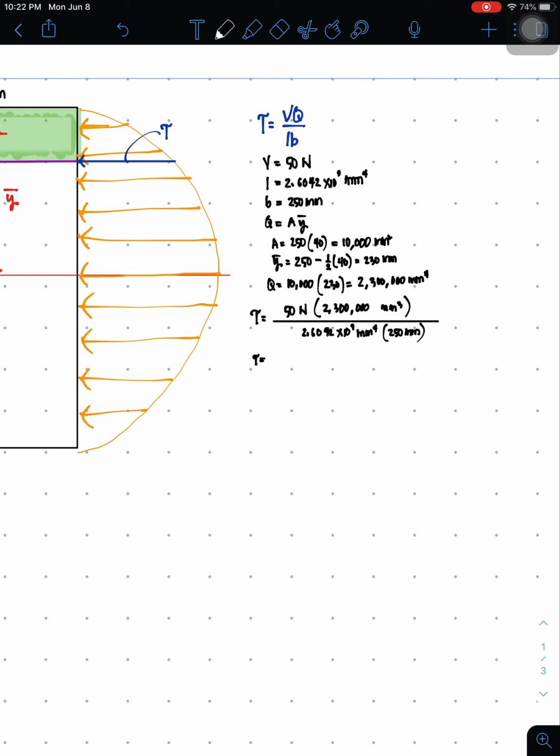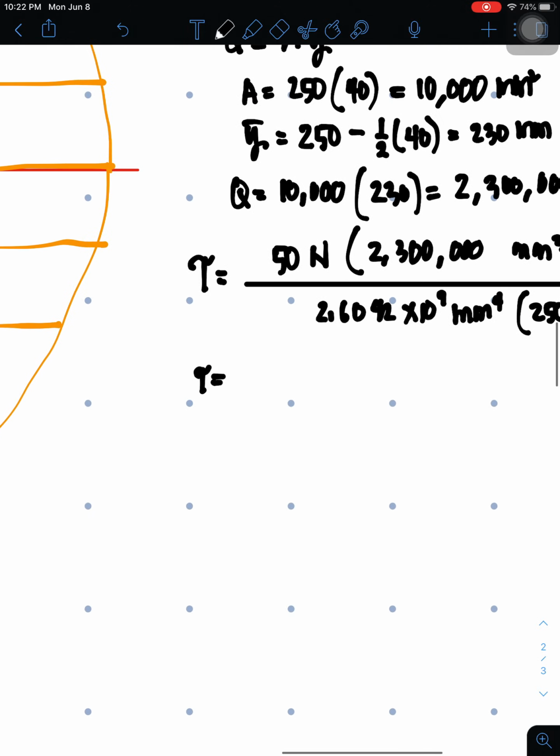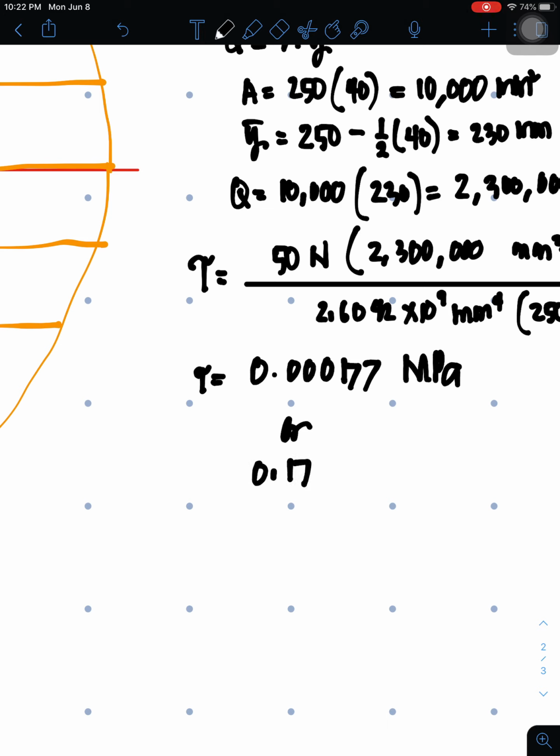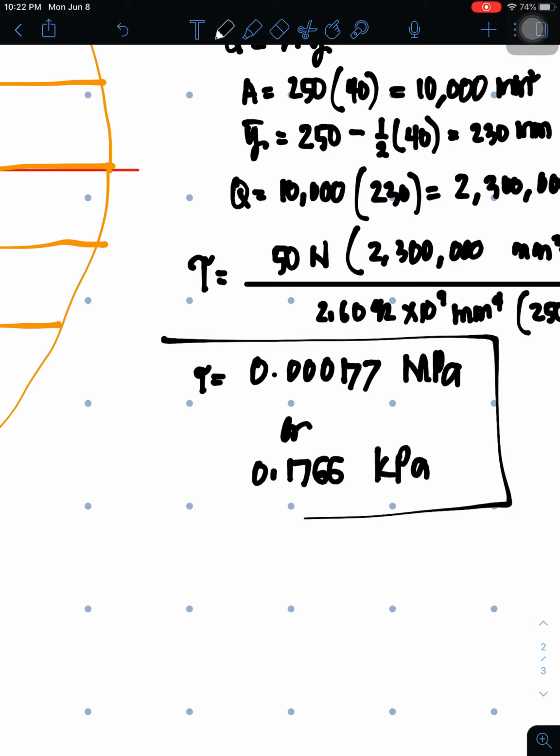So it's going to be, the shear stress is at 0.000177, and this is in megapascal, or in kPa. All we have to do is multiply it with 1000, so that's 0.1766 kPa, or kilo pascal.